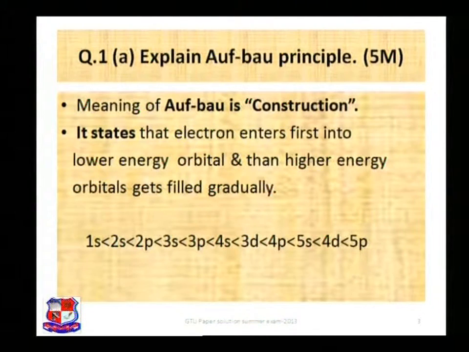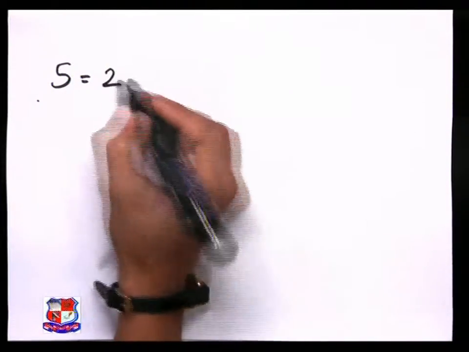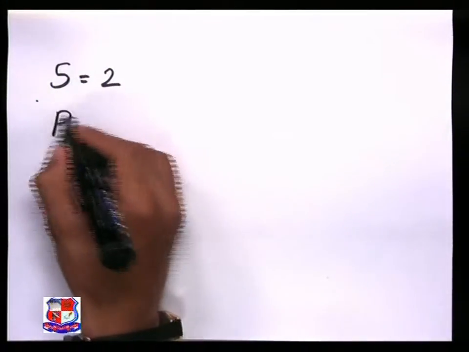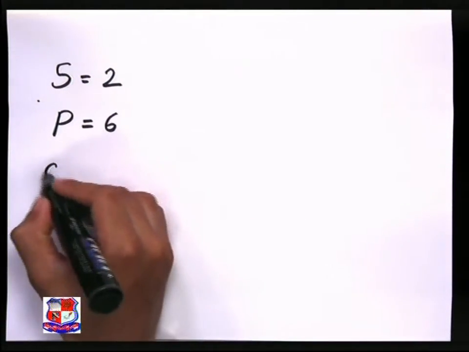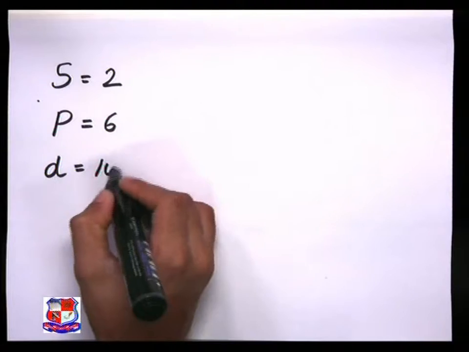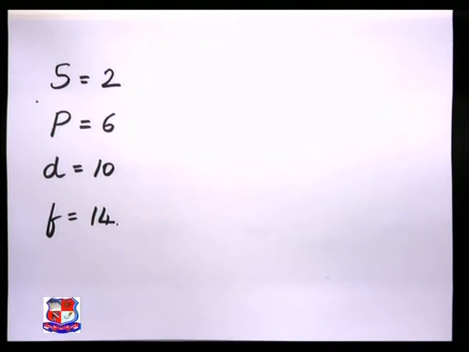Always remember, let us understand the capacity of the orbitals. An s orbital has a capacity of 2 electrons, a p orbital has a capacity of 6 electrons, a d orbital has a capacity of 10 electrons, and an f orbital has a capacity of 14 electrons.